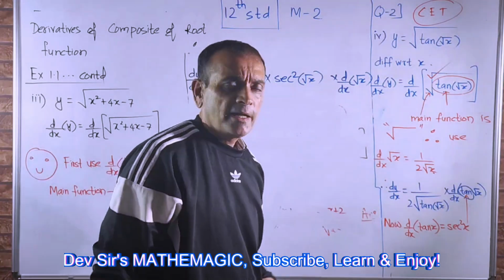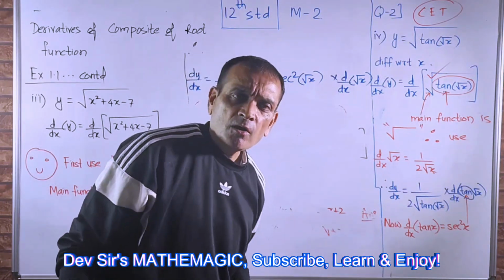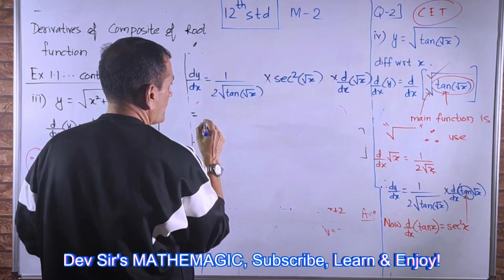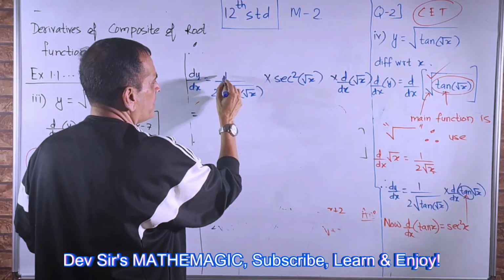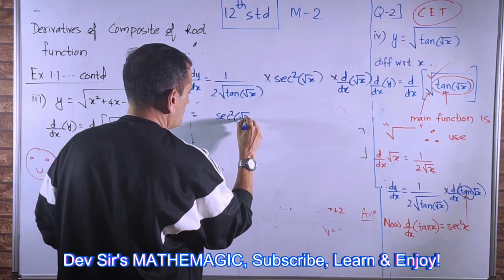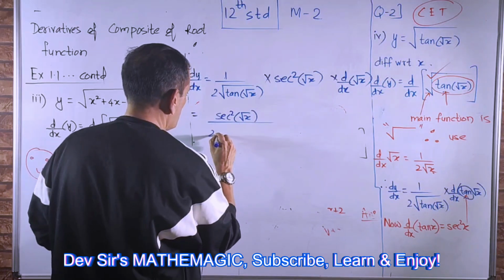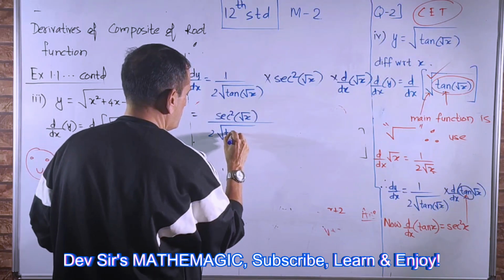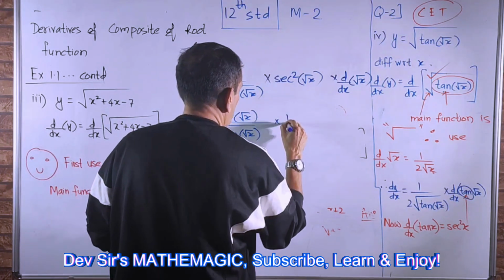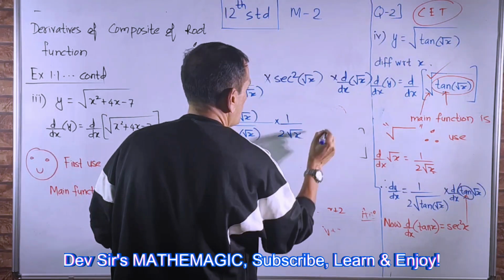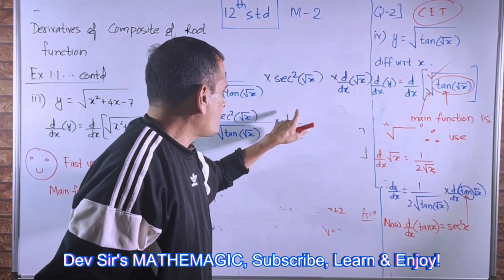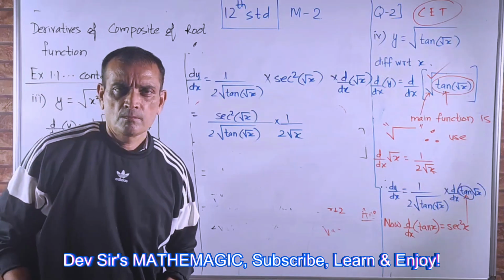Formula, basic formula. Derivative of root x here, thankfully. So derivative of root x is 1 upon 2 root x. Okay, now this I will write in the numerator. 1 into derivative of tan x 1 upon 2 root, derivative of root x 1 upon 2 root x. Clear?